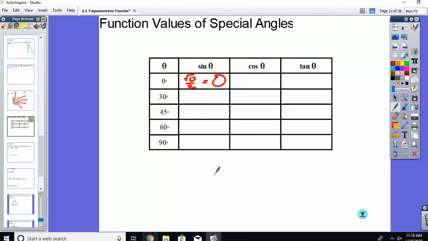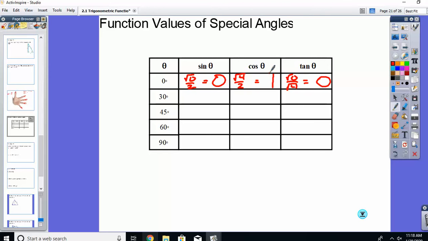You don't necessarily have to write the square root of 0 over 2 unless you want. Cosine would be what? So fingers below, so that's radical 4 over 2, which gives you 1. Tangent is top over bottom, so radical 0 over radical 4, which is 0. Or if you know sine and cosine, what's 0 divided by 1?